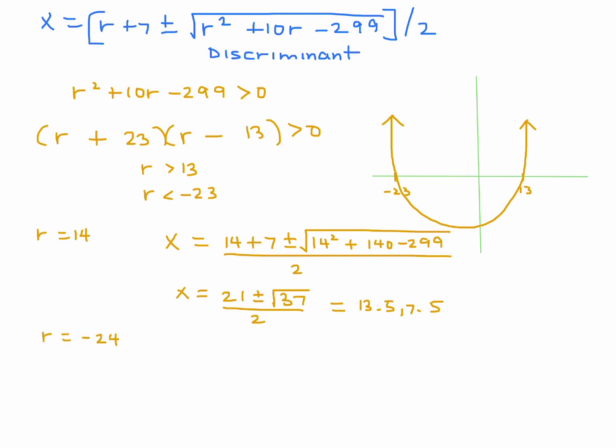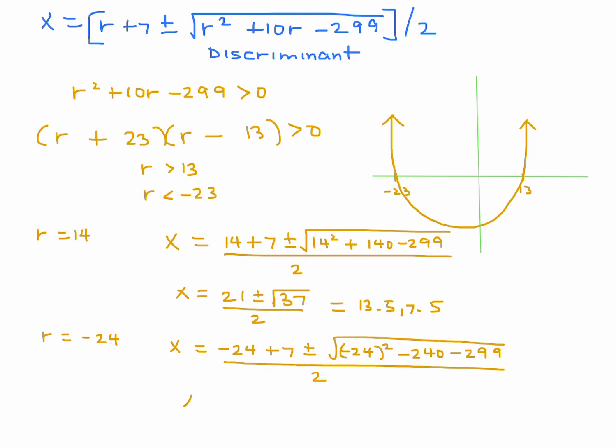Let's choose a number that's less than minus 23, minus 24. And let's see what happens. So plug it back into this equation. Minus 24 plus 7 plus or minus the square root of 24 squared minus 240 minus 299, and that's all over 2. So x is going to be minus 17 plus or minus, and this becomes root 37 again, interestingly.